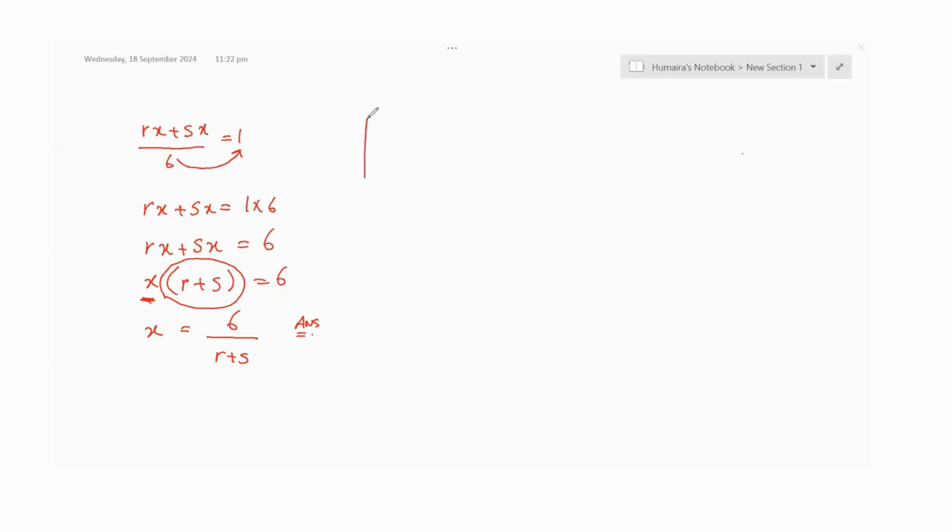Now let's do the next one. S is equal to C times, C. Is this a question?